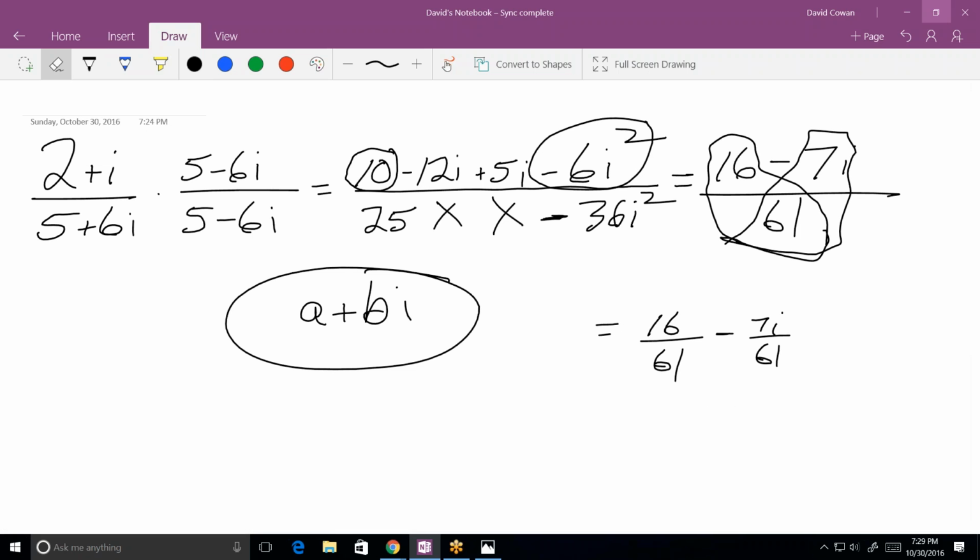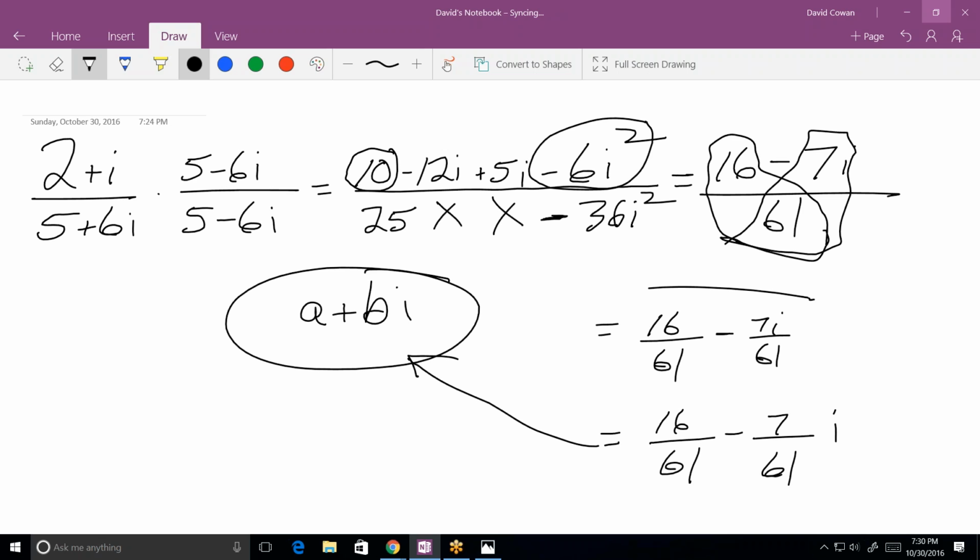That's not correct. That is slightly different than 16 over 61 minus 7 over 61 times i. It's the same value, but it's not the same format. This one at the very bottom is this format precisely.